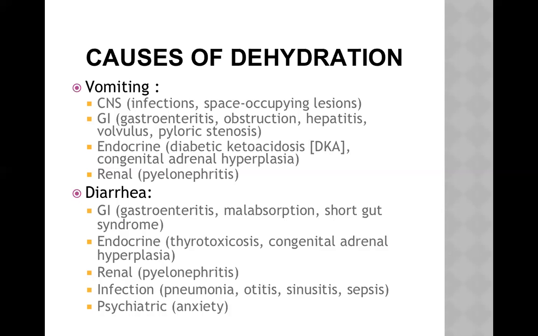Neurocysticercosis. If a tapeworm reaches the central nervous system, it is known as neurocysticercosis, the Taenia solium type of tapeworm. So all of these are examples of space occupying lesion, which can also lead to raised intracranial pressure and then vomiting. These vomitings have a very characteristic feature.